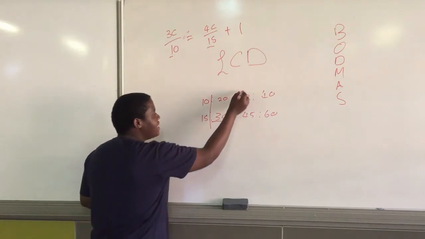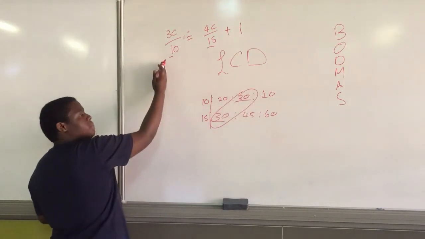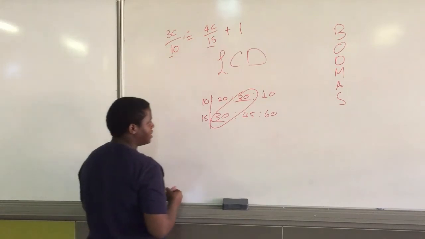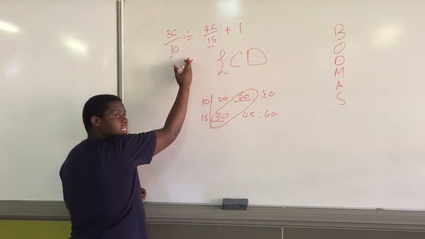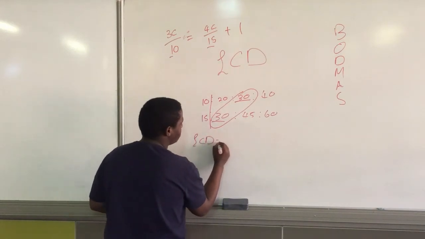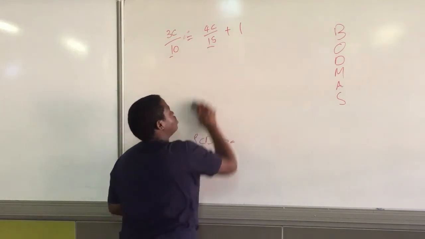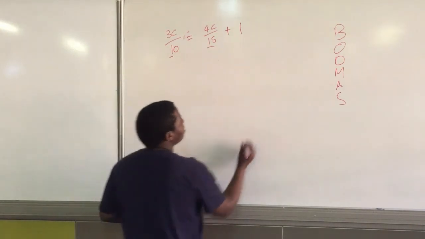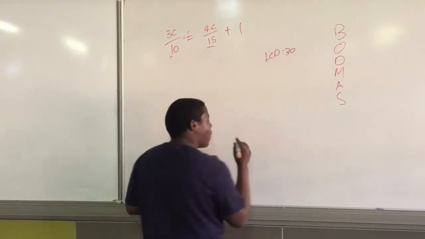So we take these lowest common multiples and we multiply them into these denominators. So we take 30. Now 30 in this equation becomes the LCD, which is the lowest common denominator. So on the side you'll write my LCD is 30. So what does that mean?